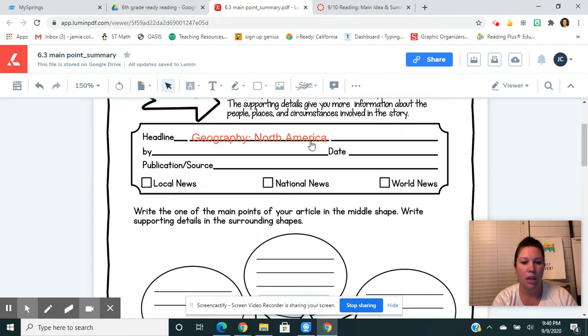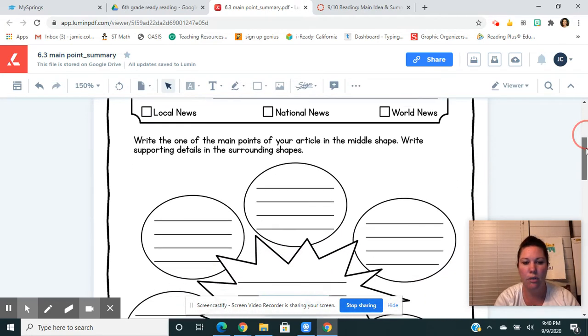Okay. And if we had all of this information, like you would normally have on a news article, you would fill this out. But because this article was generated from the internet and from other teachers, we don't have that information right now. That's okay. Let's continue on.